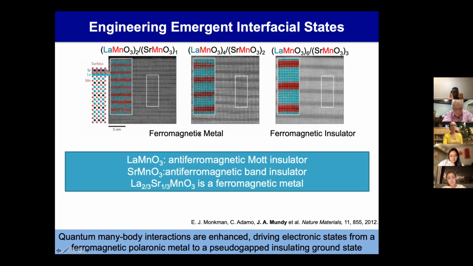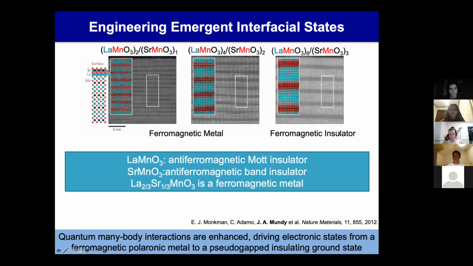What we found is that when you go to this very thin film limit, the 4-2, you get a ferromagnetic metal, which is maybe not so surprising because maybe that behaves like the solid solution, that end member compound. But what was very puzzling was that we got a ferromagnetic insulator state when we went to this 1 unit cell change.